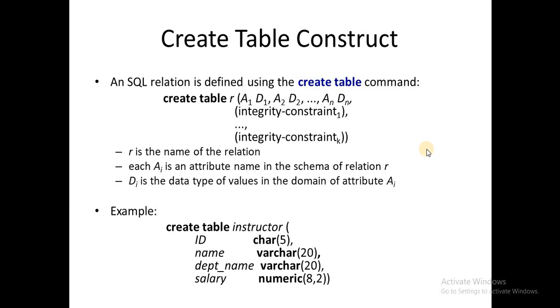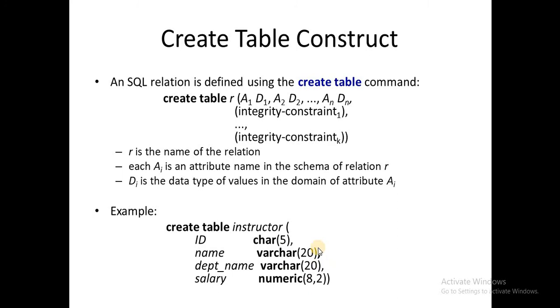So you can see the example here. I have created an instructor table: create table instructor, with id, name, department name, salary. These are the attributes of the instructor table. Char, varchar, numeric, these are the data types. In this example, char 5 can hold a maximum of 5 characters.